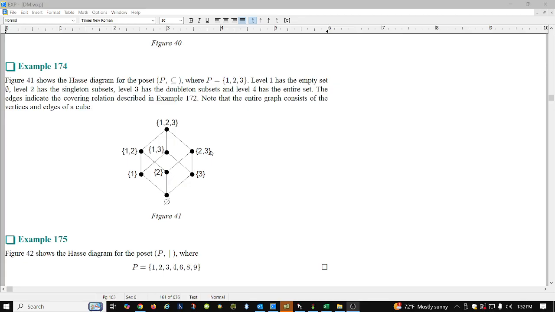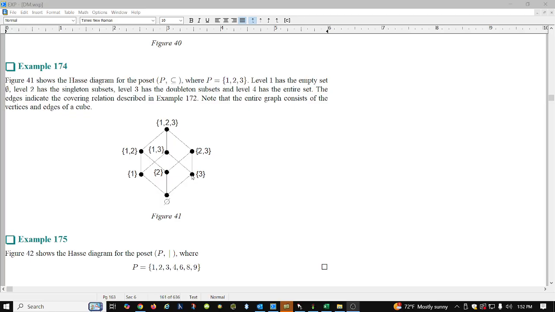Next come the doubleton subsets and the lines that are required to indicate the covering relationship. And finally, the whole set and the 3 lines required to indicate the covering. So the edges of this diagram show the covering relation, not the full relation. The set containing 3 is contained in the full set. There's no line between the two because we're only putting a line where there's a covering.